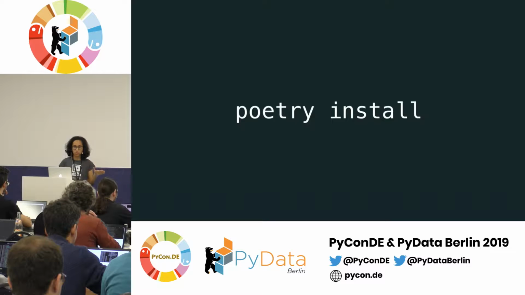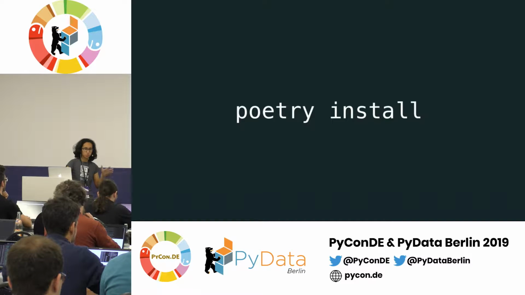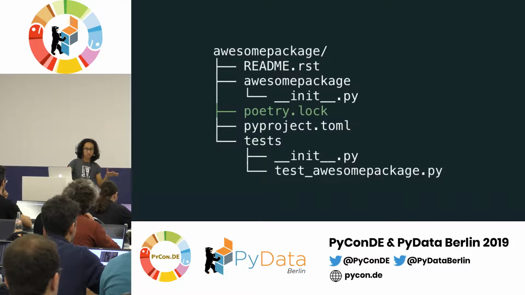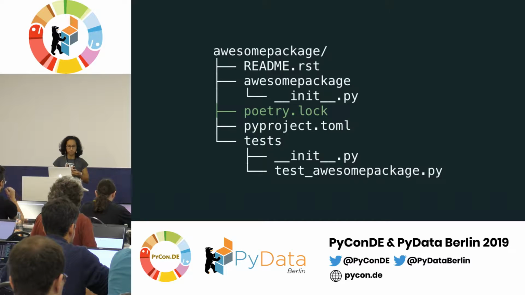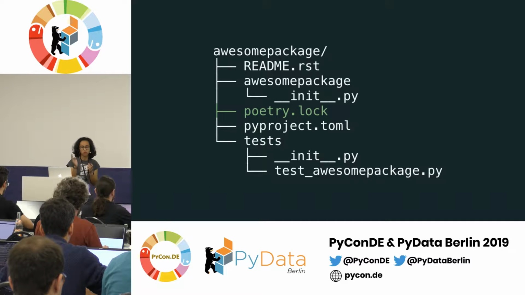Yeah, so if you run poetry install, you might have noticed that a poetry.lock file was generated. And you should commit this lock file to Git or whatever version control system you're using, because this file contains the versions and the SHAs of the packages when you ran poetry install.